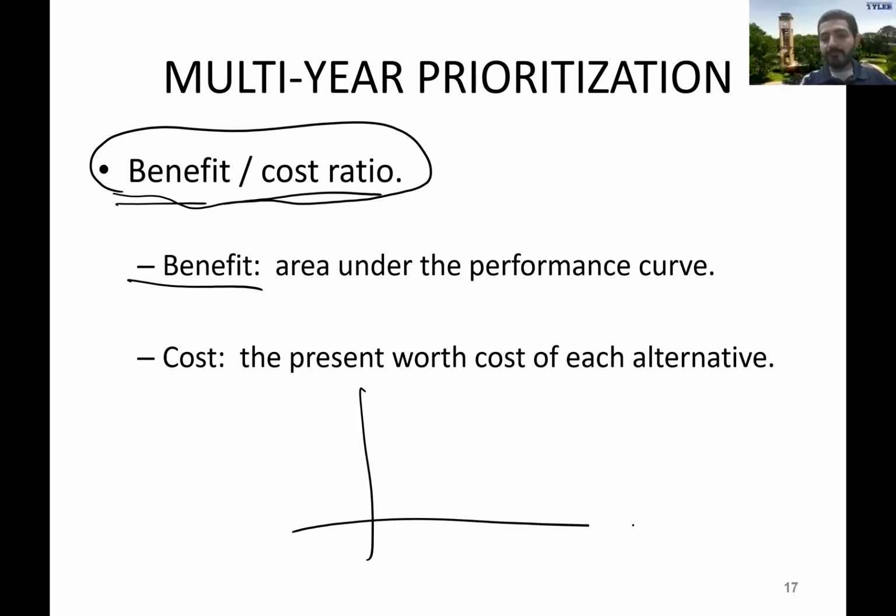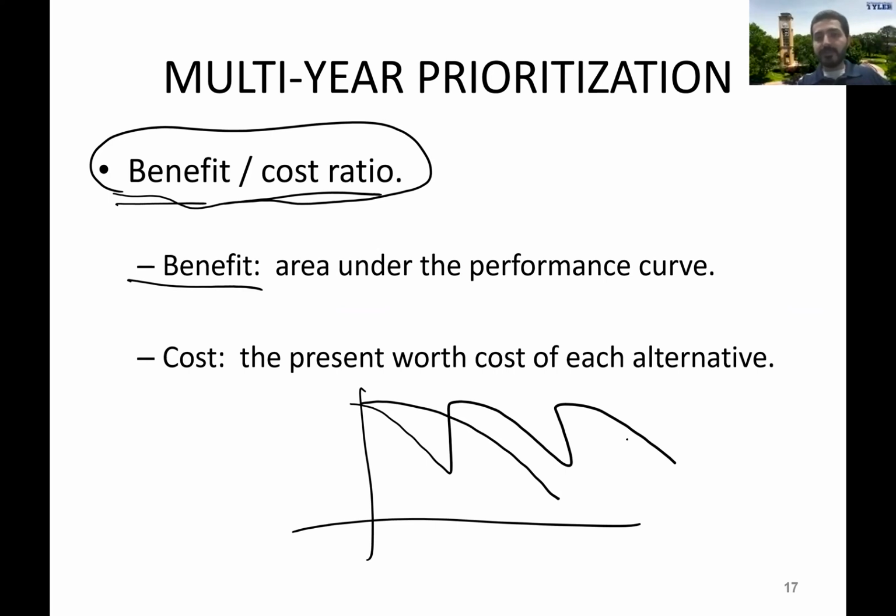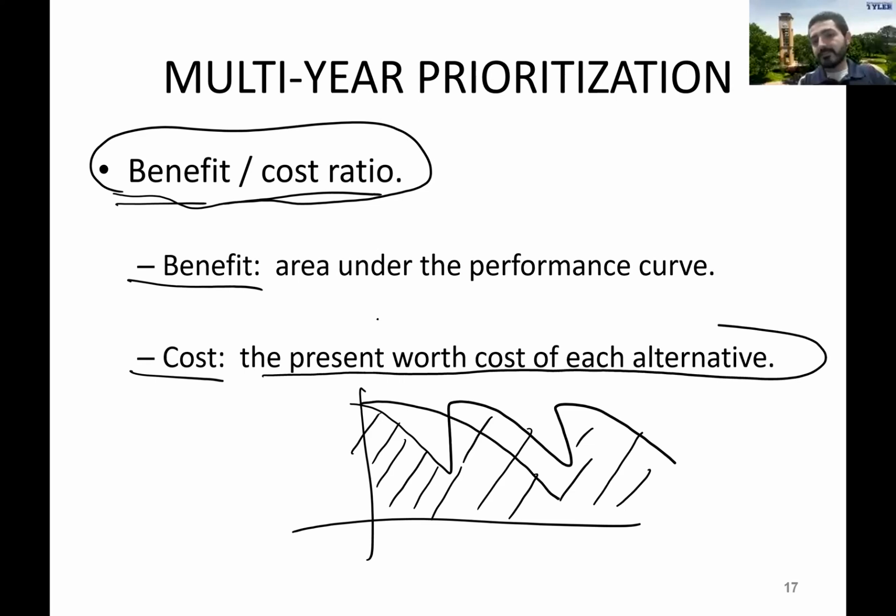For example, if I have one single treatment versus maybe multiple treatments over the course of the pavement condition, the benefit is what's the area under the curve. And the more area covered, the higher the benefit. Versus the cost, which is the present worth cost for each alternative that we're looking into.